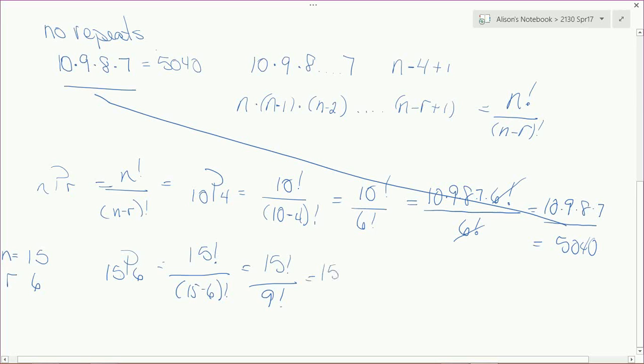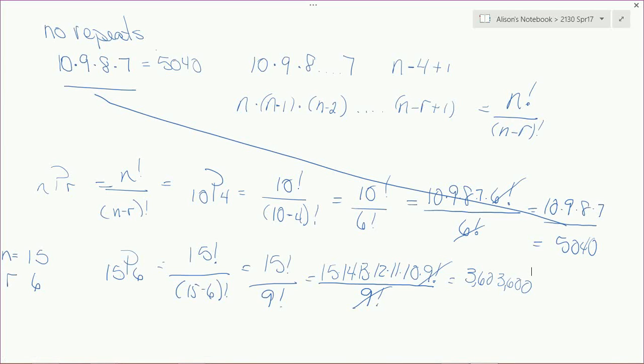If I were to mark it down, times 9 factorial divided by 9 factorial, I can reduce those out, and this is going to give me 3,603,600. So this is the total number of ways that my 6 brand new homeowners can choose one of the puppies in the pound.